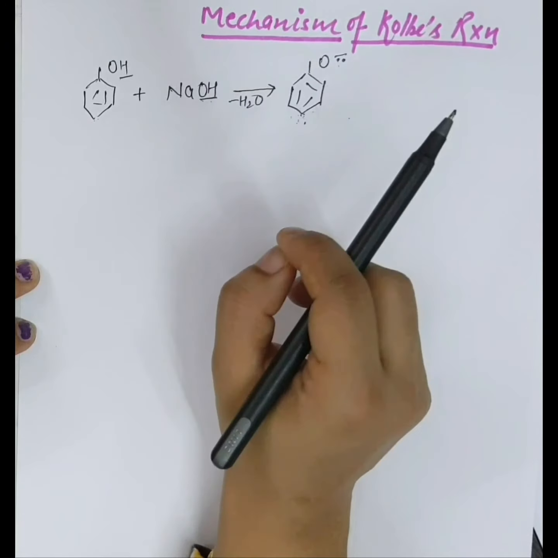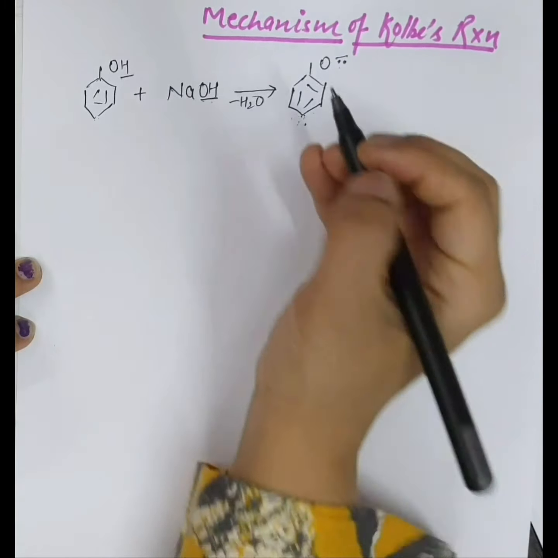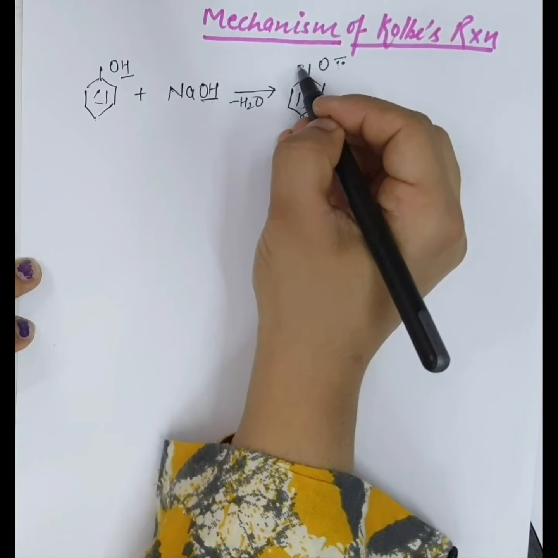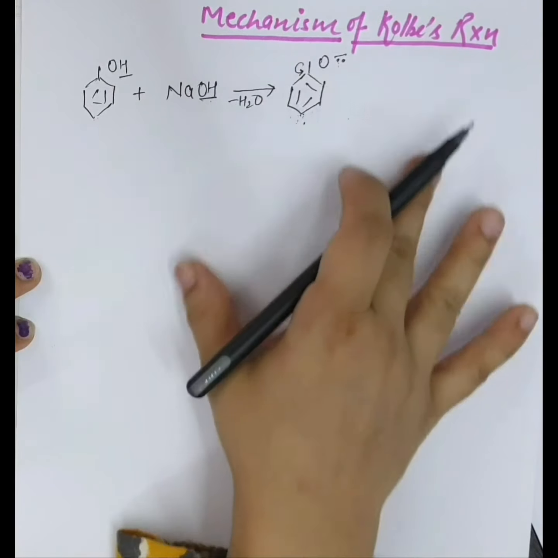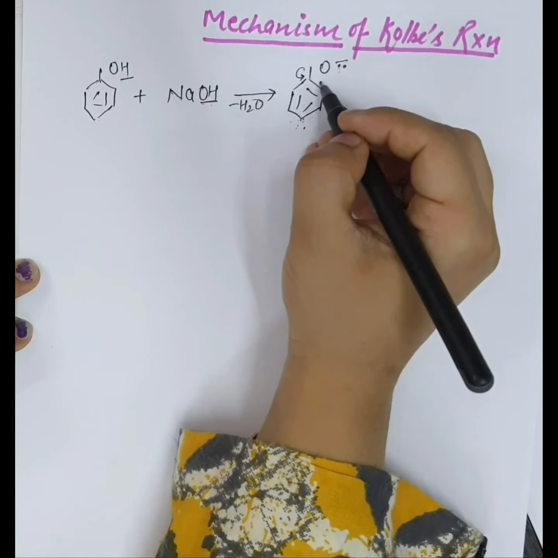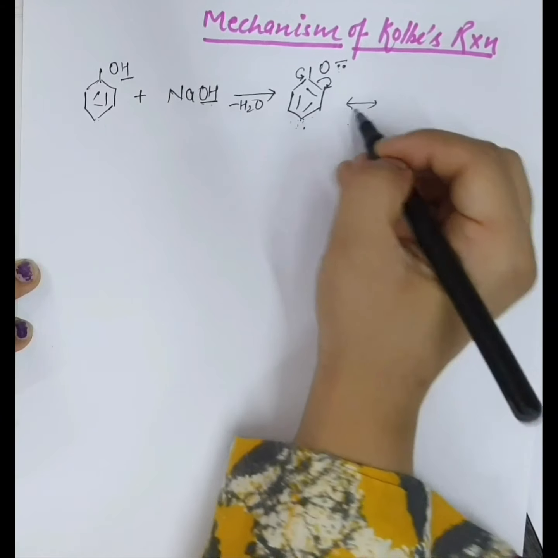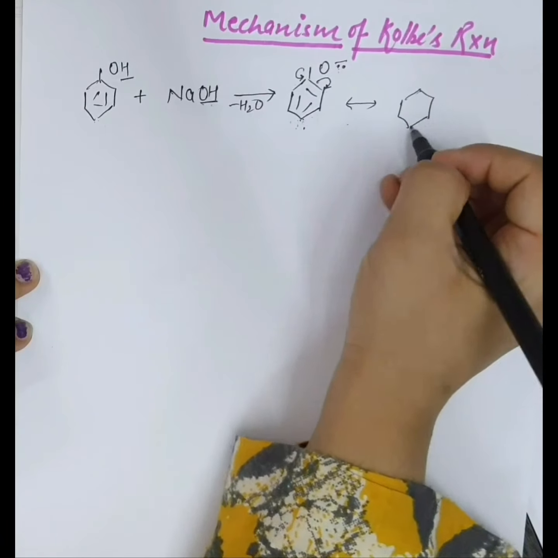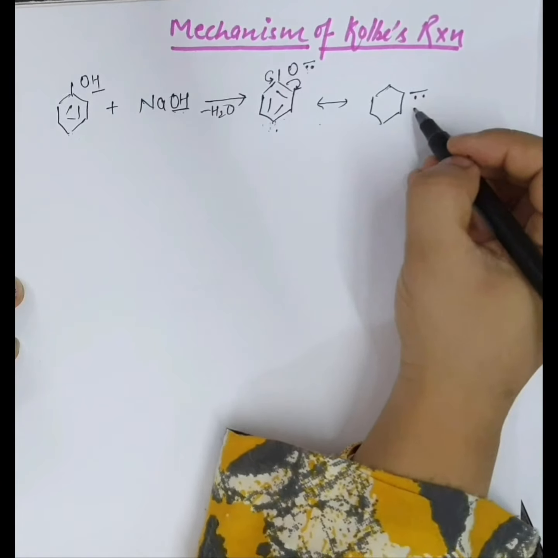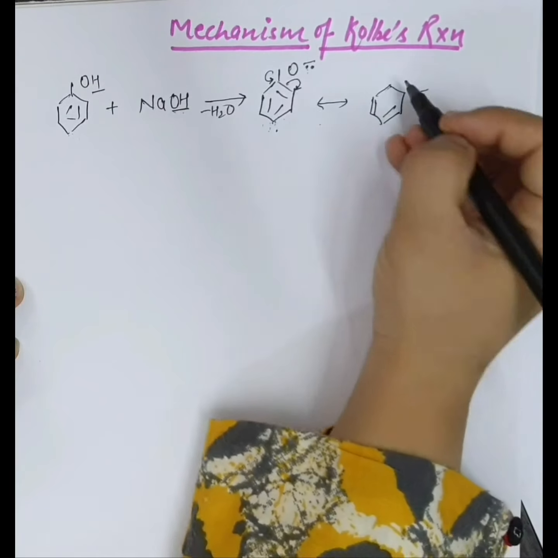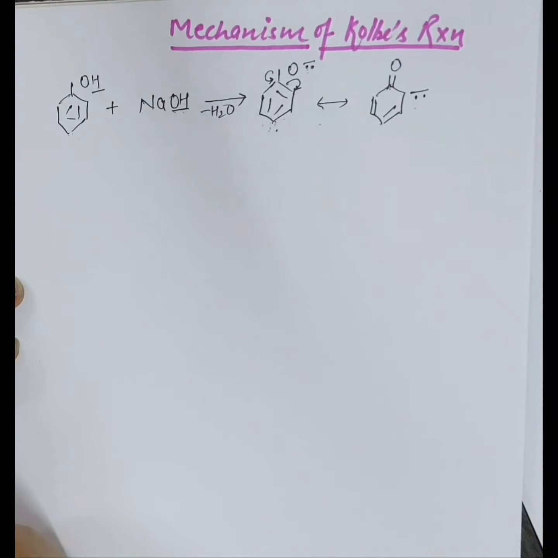Here, oxygen will withdraw its lone pair towards the ring, this double bond will break in this direction, and partial negative charge will be developed on the ortho position. These two bonds remain the same, and a double bond will be created between the carbon and the oxygen atom.